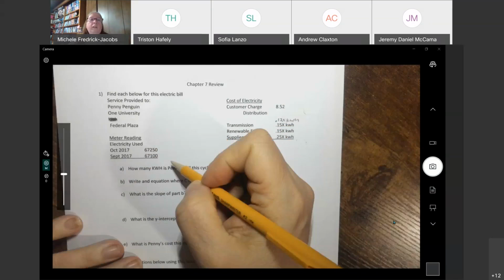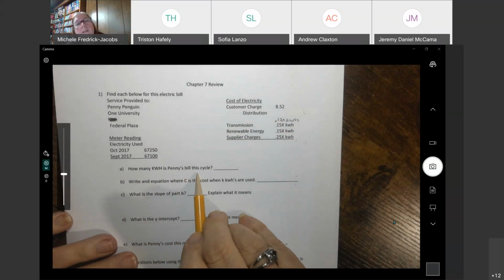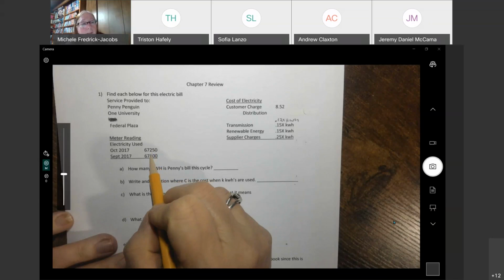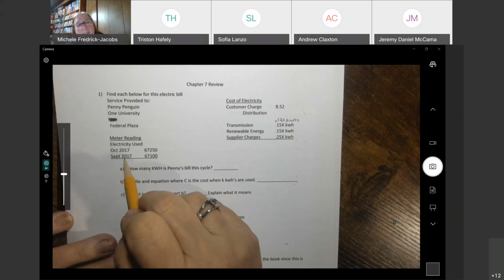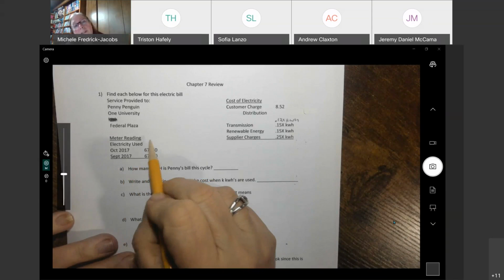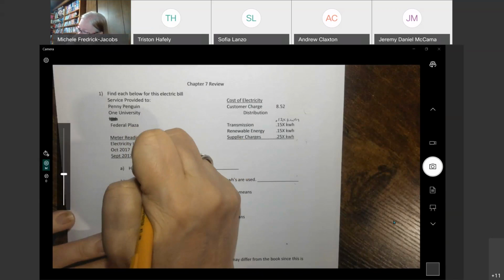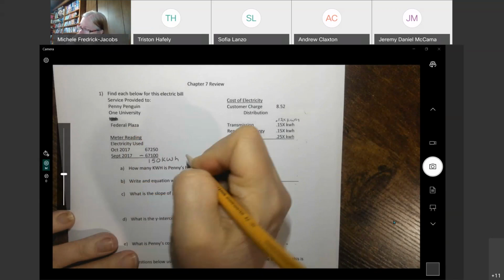So if we wanted to find how many kilowatt hours Penny's bill was, we would subtract these. So she didn't go a whole 67,100 in September and another 67,250. It's the difference between the two. So if we subtract them, she used 150 kilowatt hours.